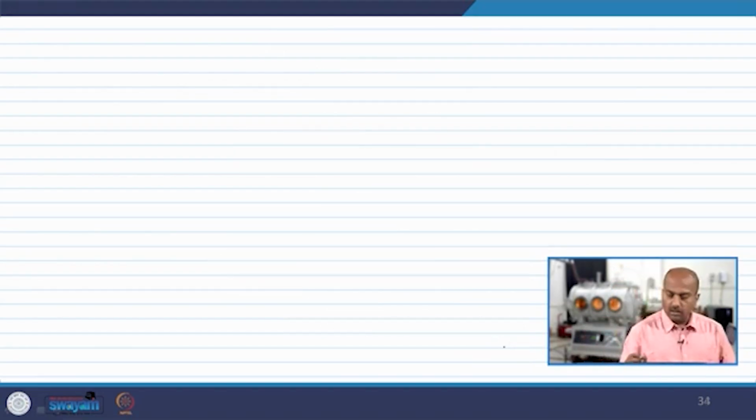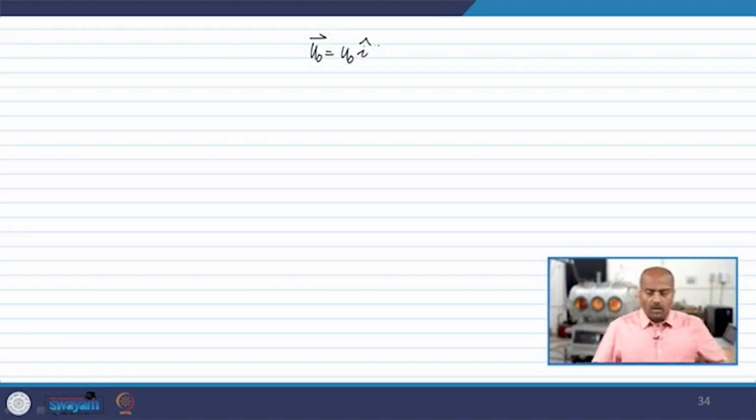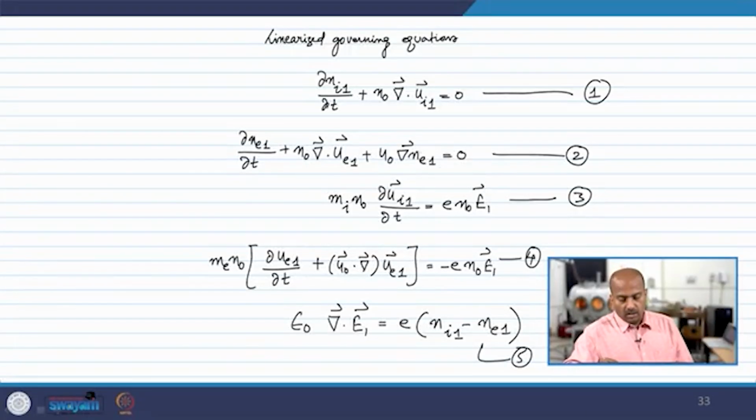We know that the velocity u naught is basically u_0 i cap. You will assume a sinusoidal solution for all the perturbed variables, like u_I1, n_E1. Every variable that appears with a subscript 1 is a perturbed variable.